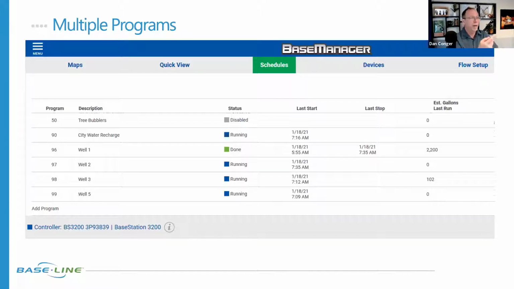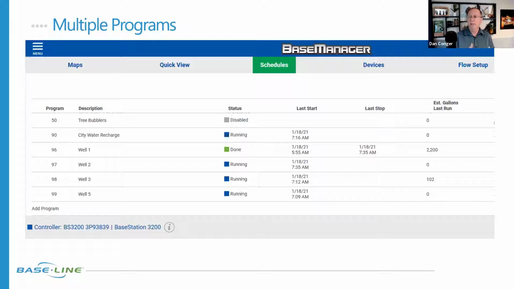Program 90 is the city water, and then programs 96, 97, 98, and 99 are the wells, the only zone, if you will, in that program. Those are the only things, and they're filling that up. And those programs will start or stop based on a condition, which we'll look at. So if we had only 4 programs, this couldn't happen, right? We've got to have more than 4 programs.